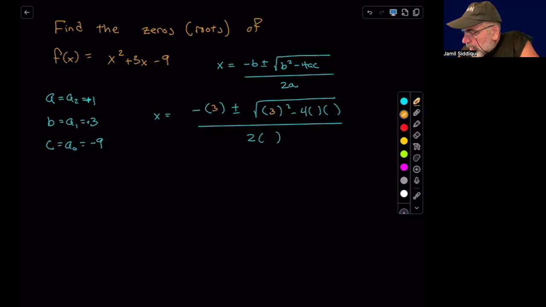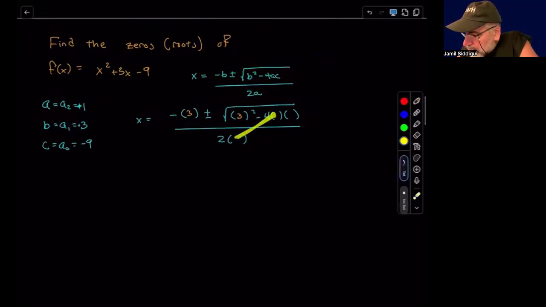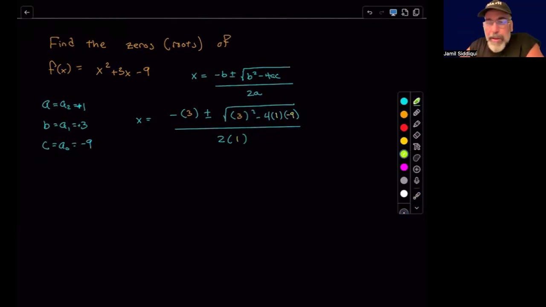My next two values are my a values, so I'm going to plug in the same value there. For a, we've got a value of 1, so I'm going to put 1 there and 1 there. And then for my last value, I need a c value, and my c value is going to go right there, so that's going to be -9. So let's plug that in. Now what we're going to do is work with something called the discriminant.